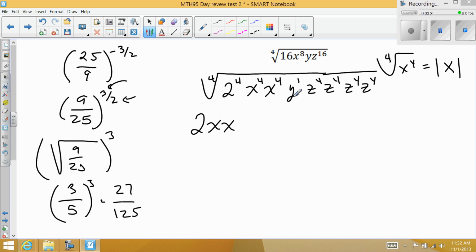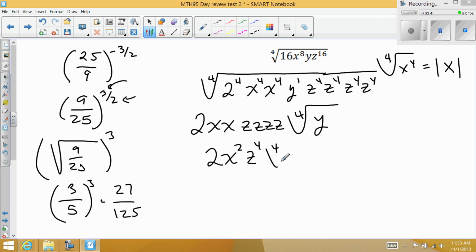The 4th root of y cannot simplify, so I'll leave that for the moment. And then I've got 4 z's, and still stuck inside the radical is the y value. Tidying things up, I can write this as 2x squared z to the 4th times the 4th root of y.